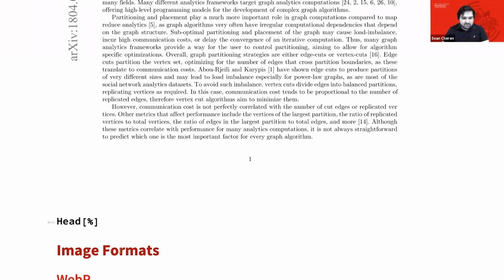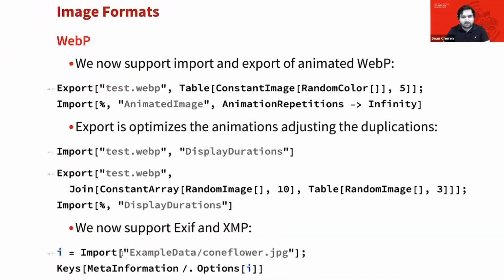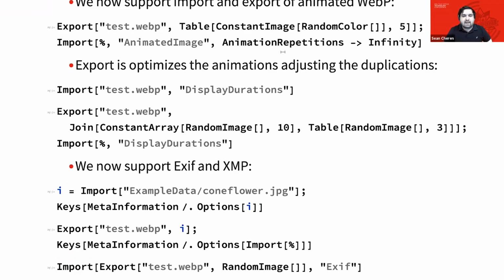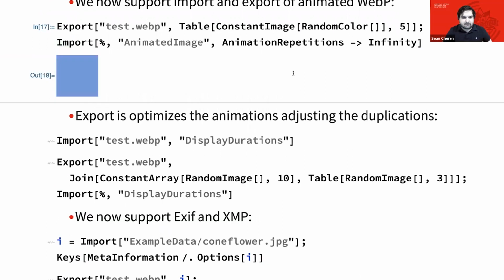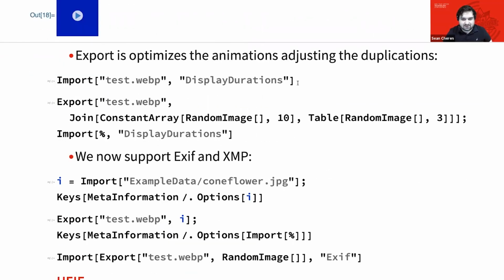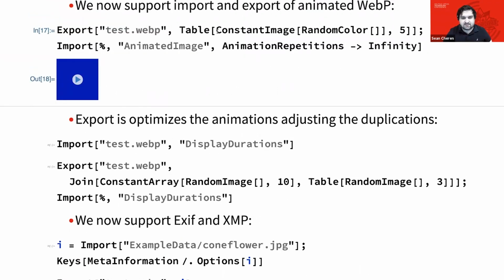Let's move on to these image formats. So in WebP, we now support the import and the export of animated WebPs. And that's a little jarring there, but as you can see, we can just take some image data and now it can be round tripped in WebP.